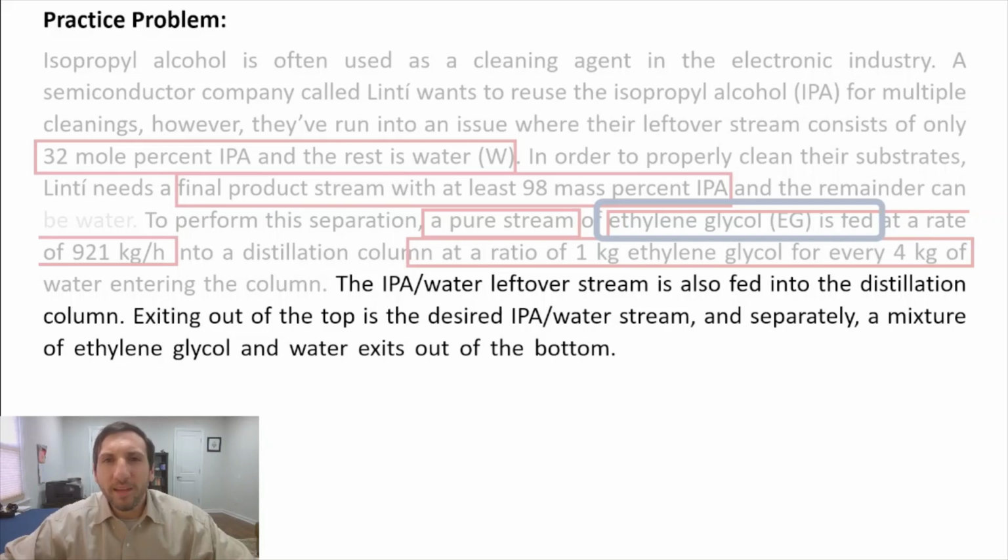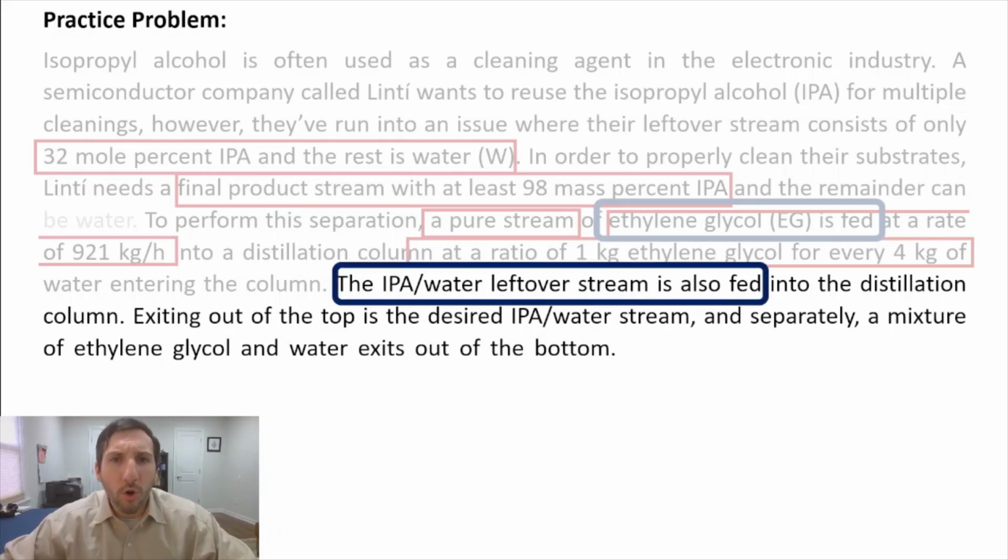So it doesn't seem like I have any additional known pieces of information or perhaps a process specification. But what I do get from these sentences is information on how I should be drawing my process flow diagram. And so we can identify that the IPA water leftover stream is also fed into the column. So we know that we have another inlet stream.